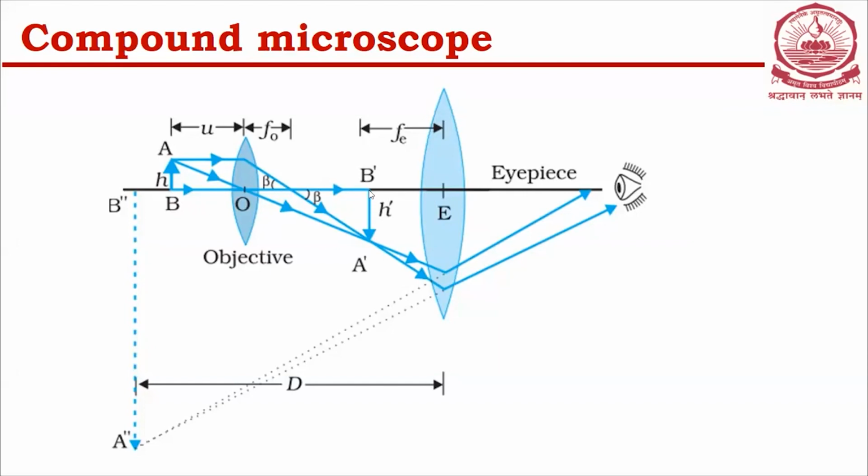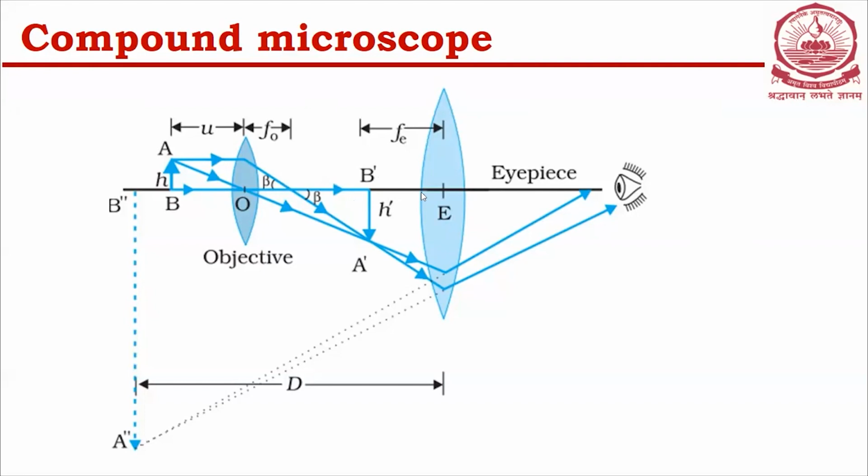This is exactly at the focal point, so it forms an image at infinite distance. You need magnification, and the objective forms the magnified image using the combination of lenses.